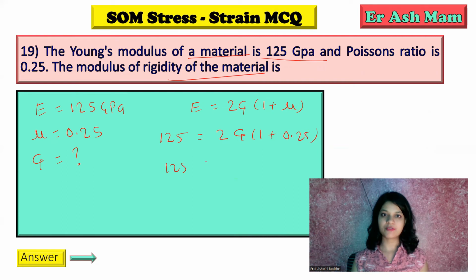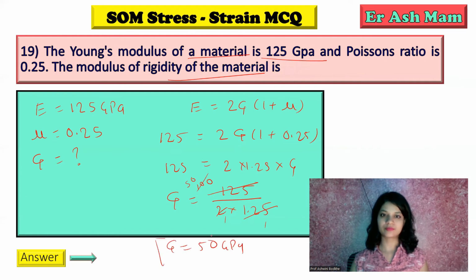Therefore, 125 equals 2 into 1.25 into G, so G equals 125 upon 2 into 1.25, which is 50. Therefore, G equals 50 GPa.